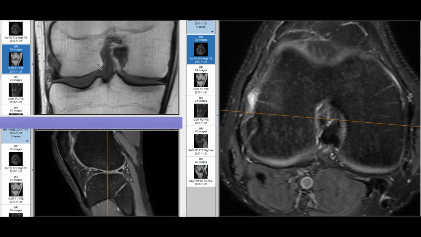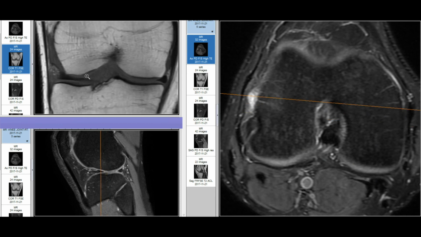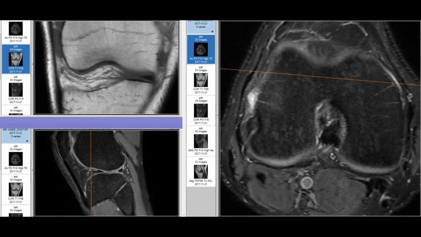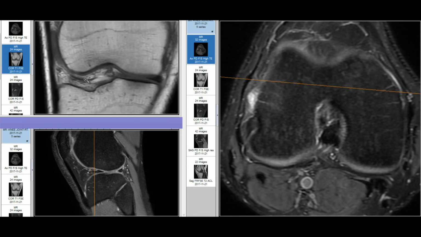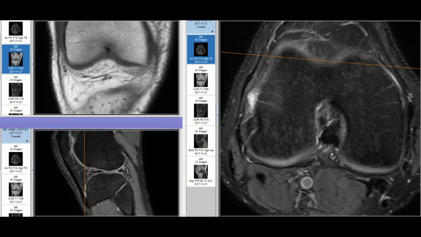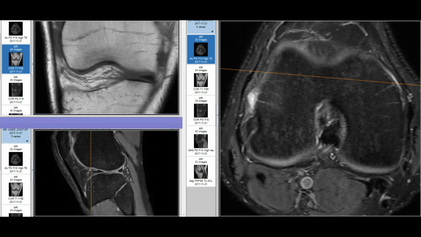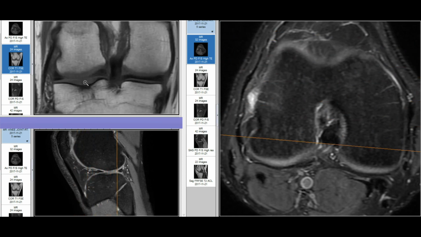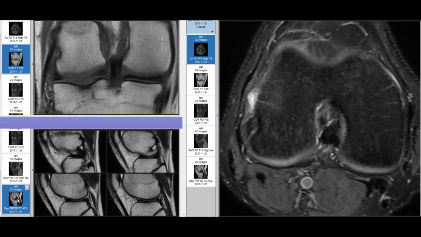So it's quite obvious, the depression there. I don't know, is that some defect too? And going towards the front. So there's that, and then here.